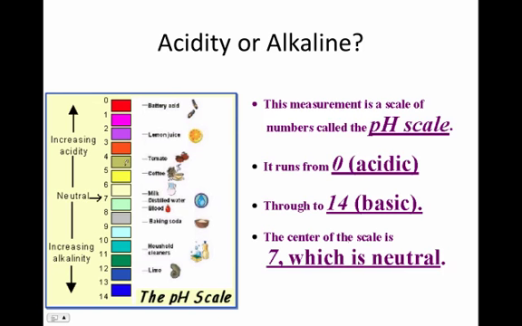Here's a pH scale, if you can see here, and so if you look at some of the substances, lemon juice, tomato, coffee, milk, what you should notice about these substances is that most food products are acidic and most cleaning products are basic. So that's a general rule of thumb.